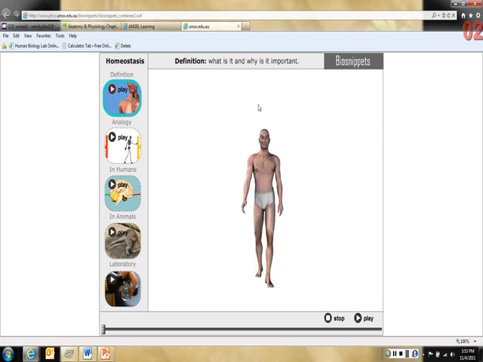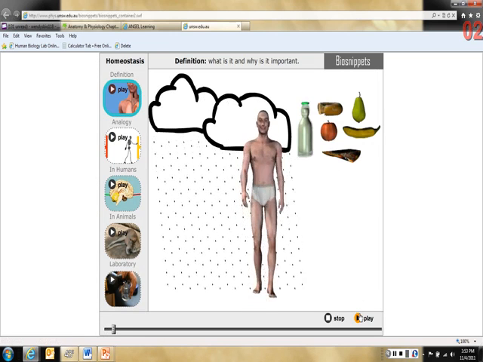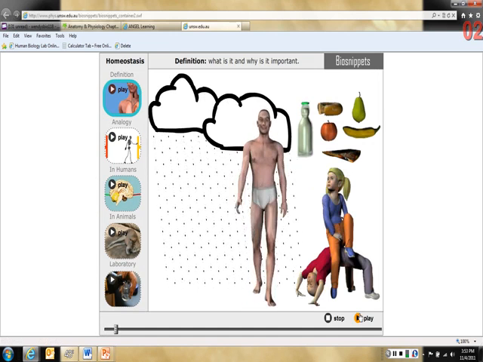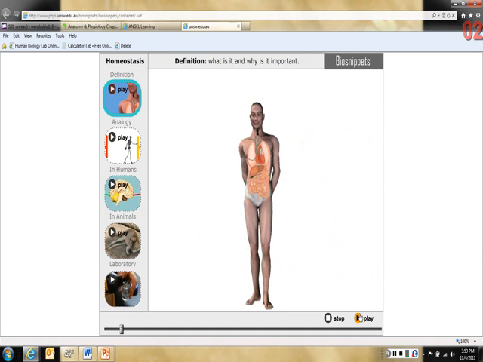The human body is often exposed to large variations in the external environment, such as climate, diet, and stress. Despite these variations, the internal environment needs to be maintained in a relatively unchanging and stable state.